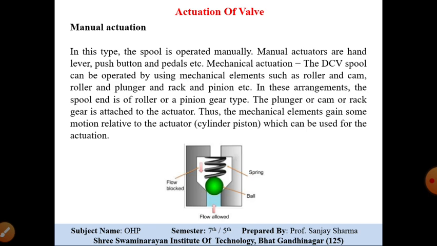So here, whatever actuation is done, it is done manually with the help of a lever or hand manual force in the system.